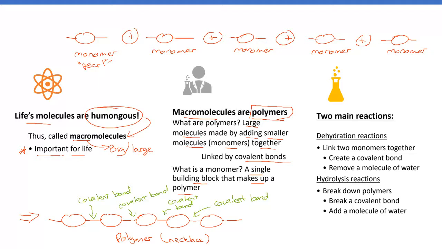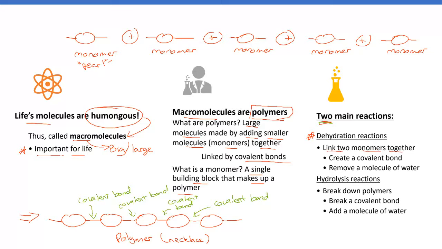Well, in terms of chemistry, in terms of bringing monomers together to make macromolecules, there are going to be two main reactions. Dehydration reactions are going to link two monomers together.